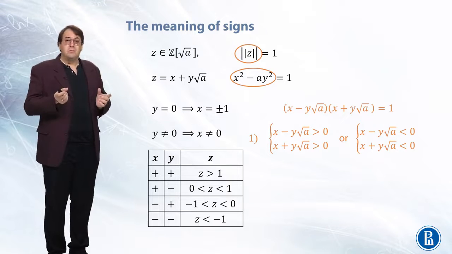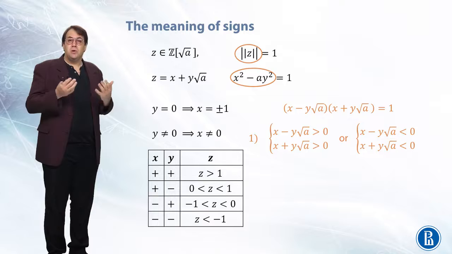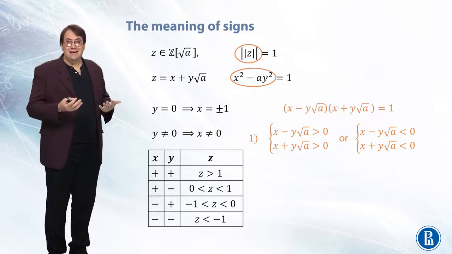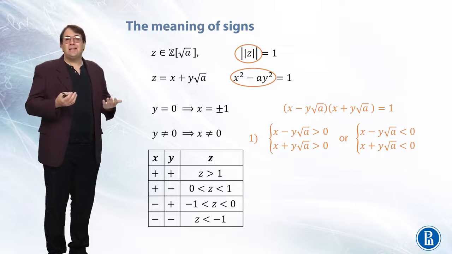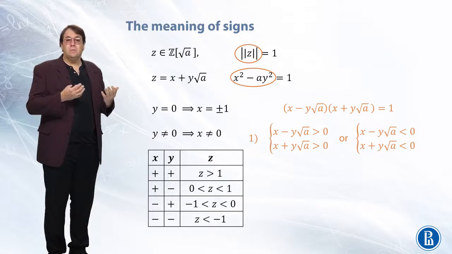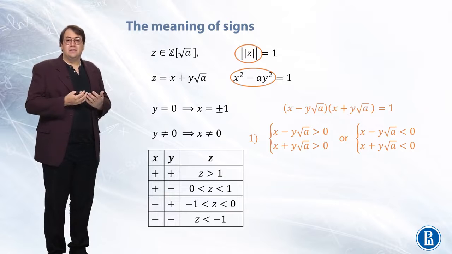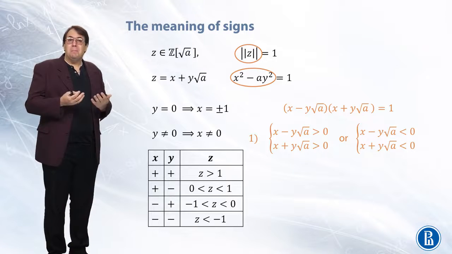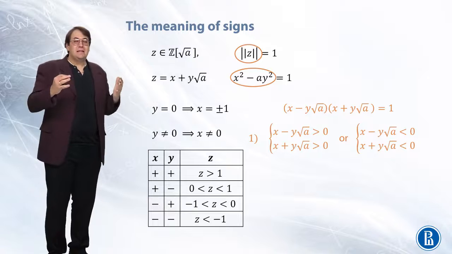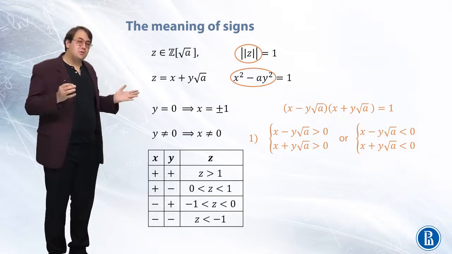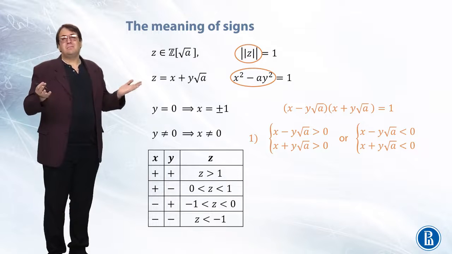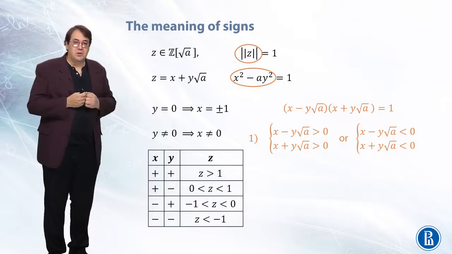So either both factors, both parentheses, are positive, or they are both negative. Well, at least this explains why, if x is positive and y is negative, then z must be positive, because with the positive y, z is greater than 1. It's the first row of our table. So if y is negative, then z must at least be positive.